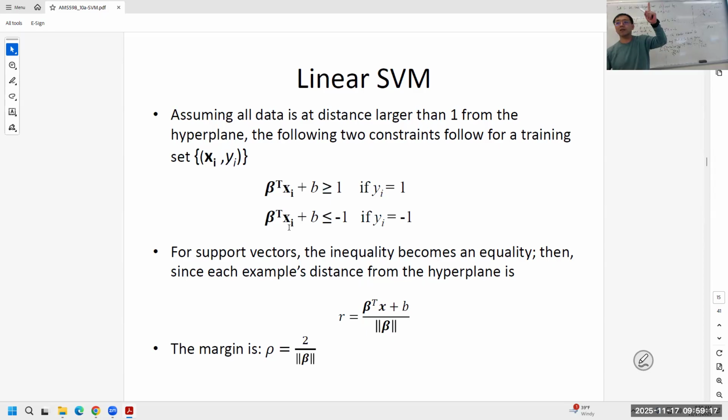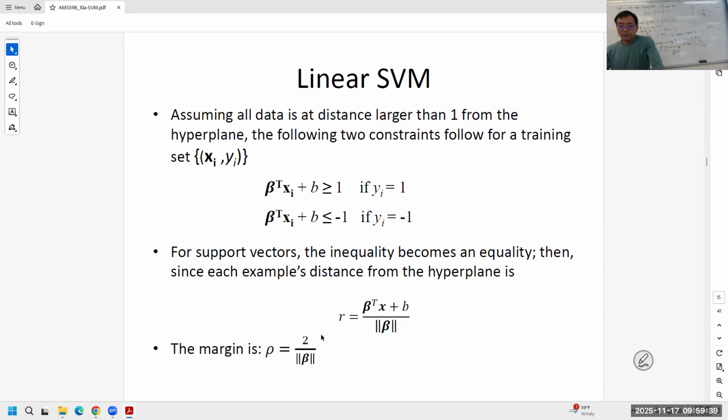So the margin rho is just 2 divided by the norm of beta, from the equation we derived before. Is this clear, or are there any questions on this?